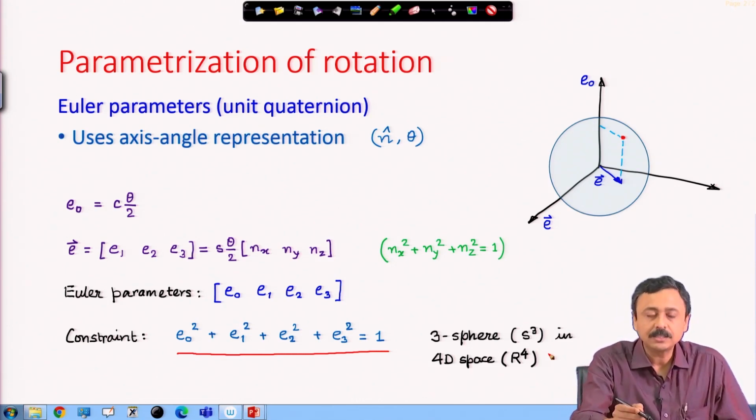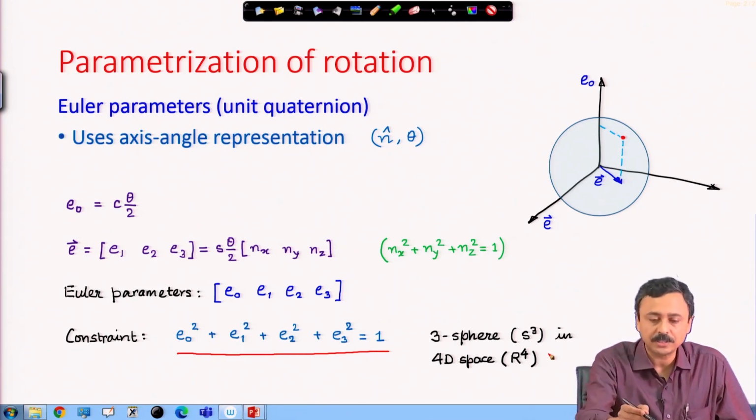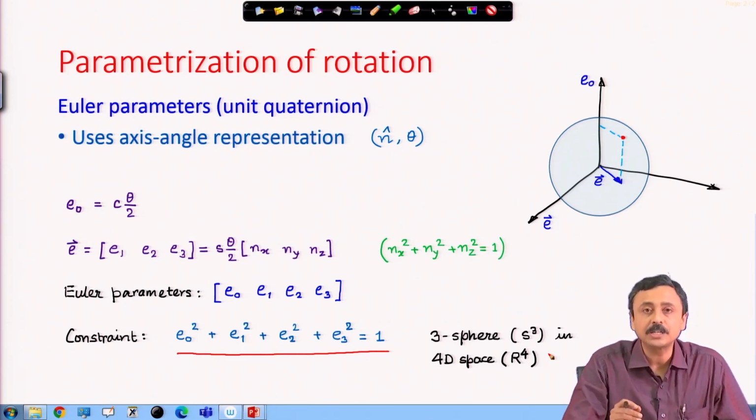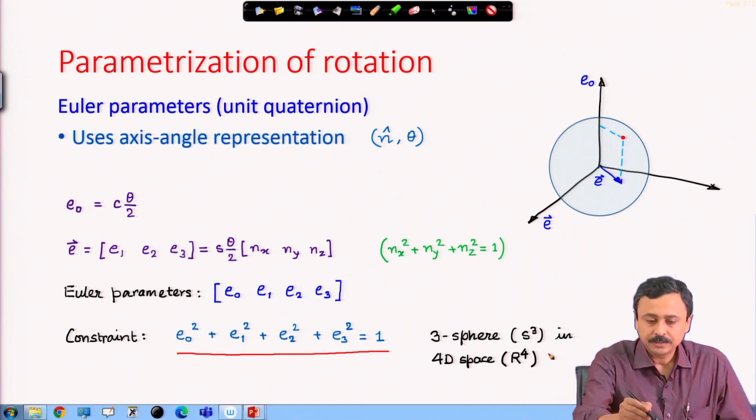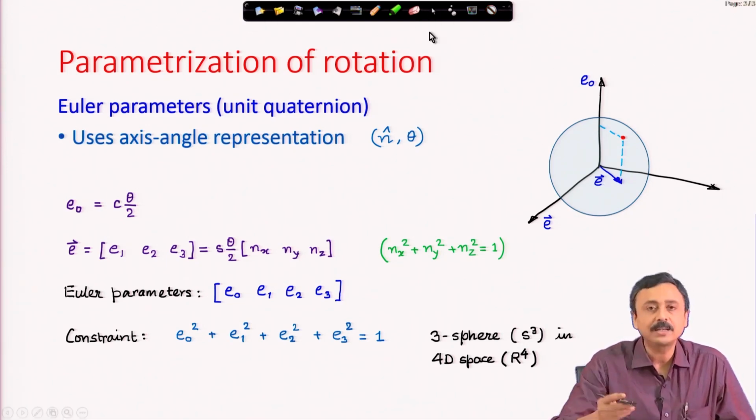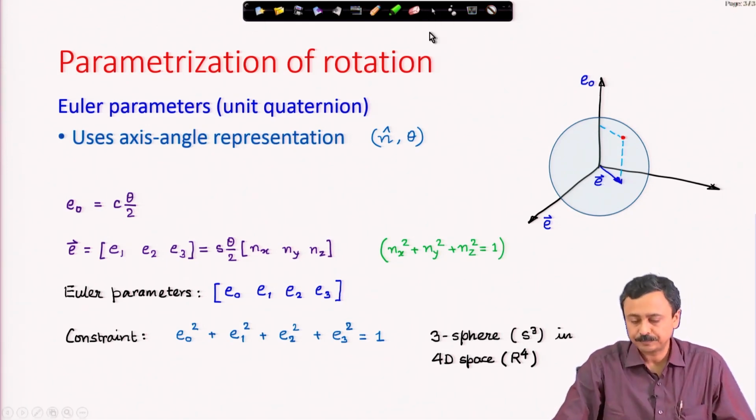Now, that is an interesting visualization of the Euler parameters, that rotation is decided by a point on a 3-dimensional sphere embedded in a 4-dimensional space. You can always visualize these things by considering a lower dimensional sphere.